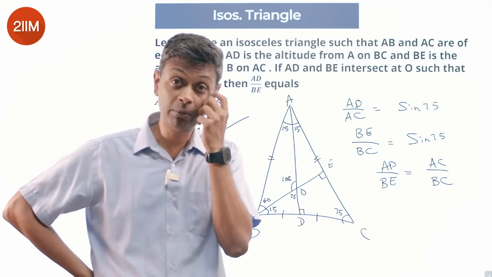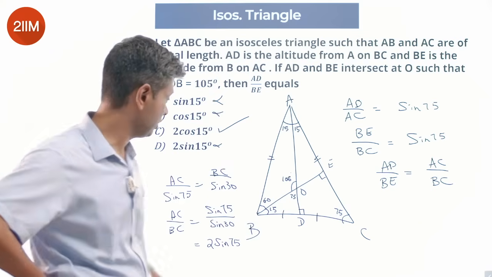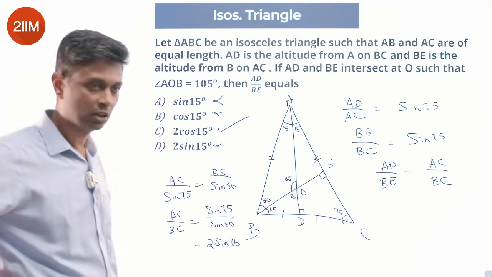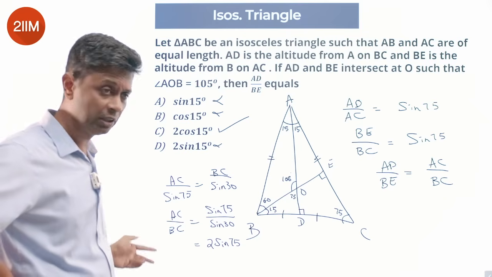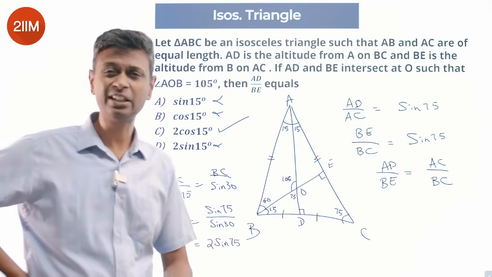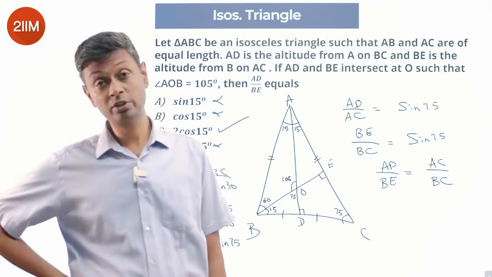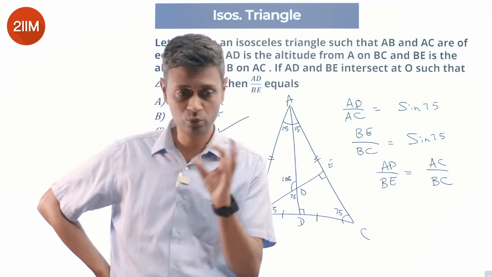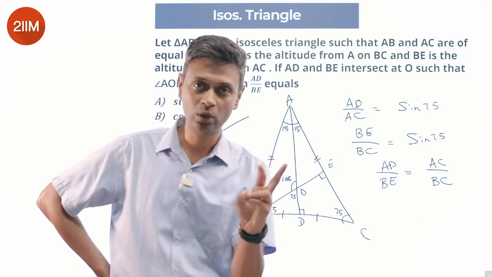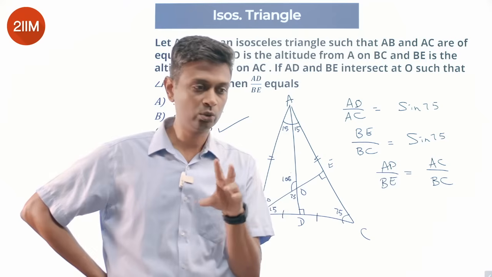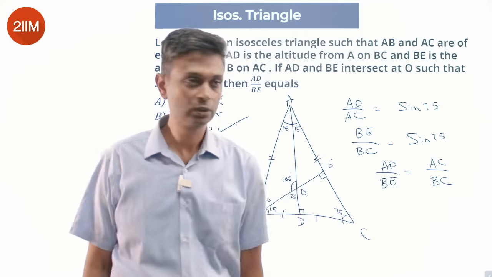A by sine A equals B by sine B equals C by sine C. AC by BC, which is AD by BE, is sine 75 by sine 30. Sine 30 is 1 by 2, so it's 2 sine 75, which is 2 cos 15. Beautiful question, super challenging, tough question. You'll have to use some trigonometry and sine rule and manipulate a little bit and know that sine 75 is cos 15. Brilliant.